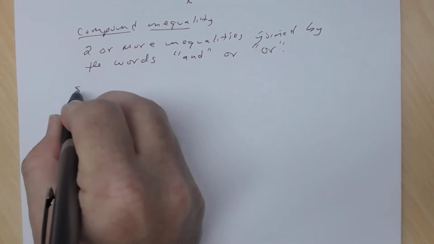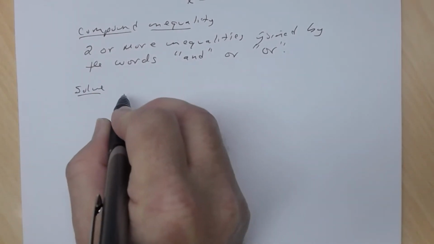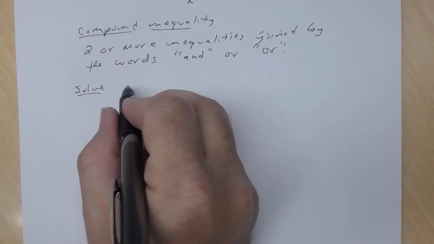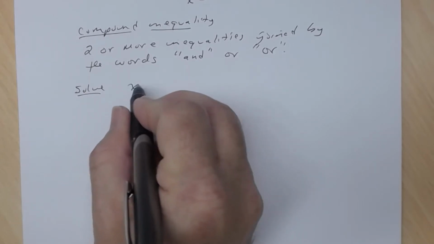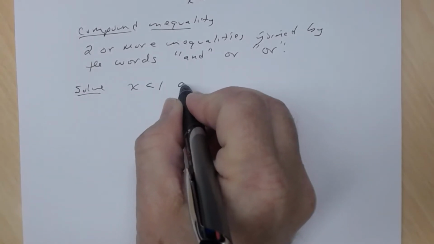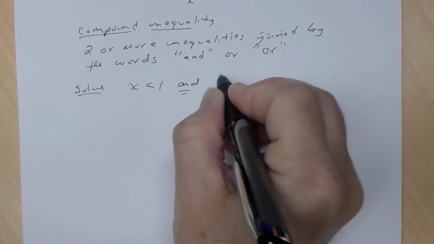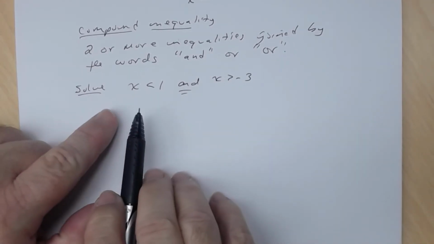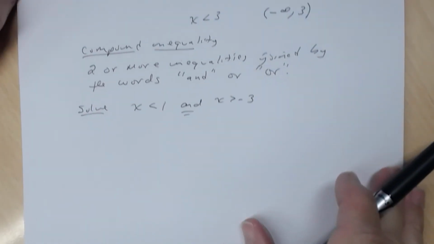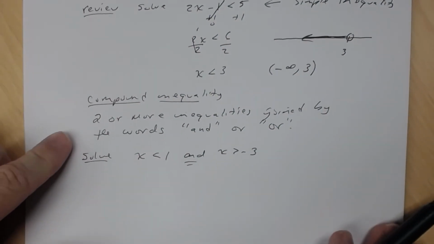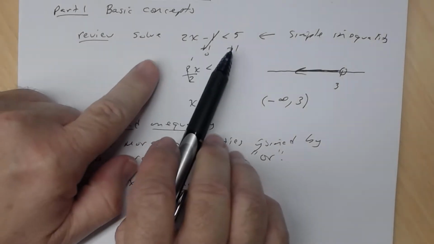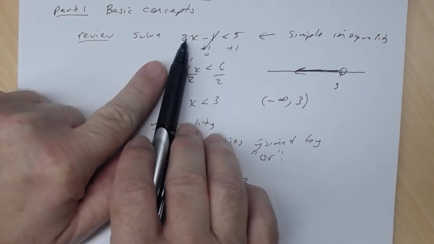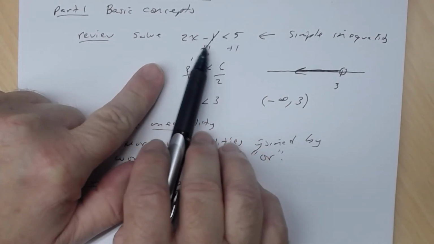Okay, so suppose we want to solve this compound inequality. Suppose we had x is less than 1 and, notice the word and here, and x is greater than negative 3. Now, notice that this lesson is just on the basic concepts. So in the next lesson, we're going to look at compound inequalities involving inequalities of this nature.